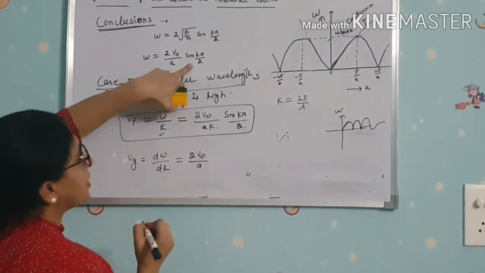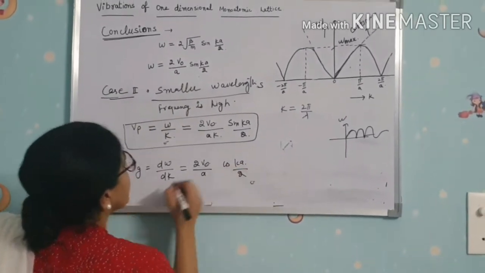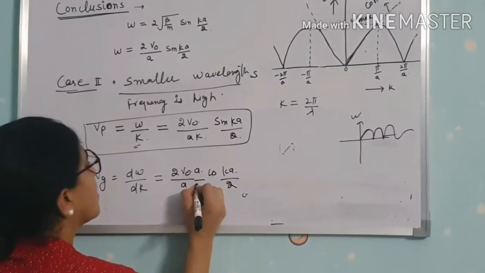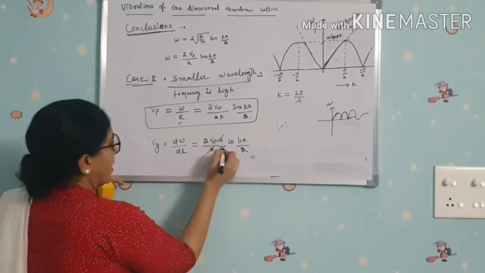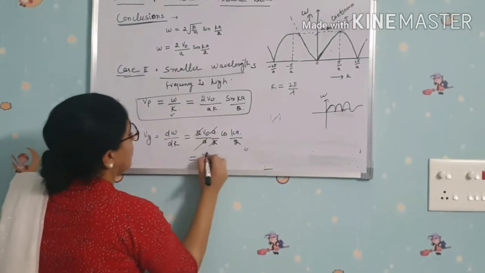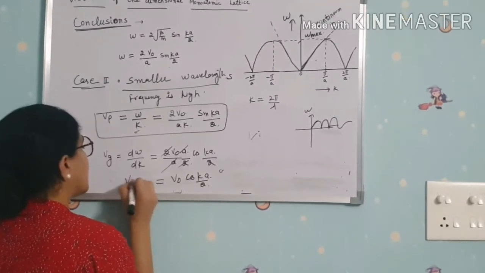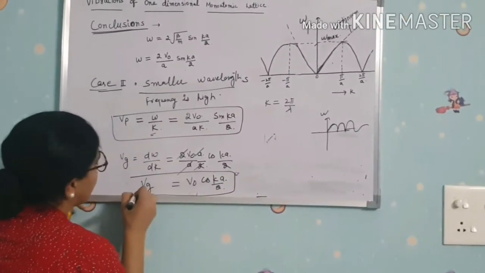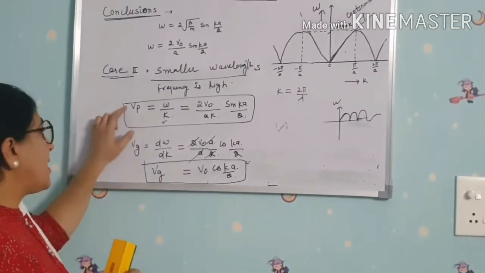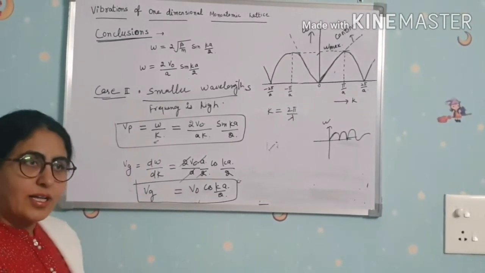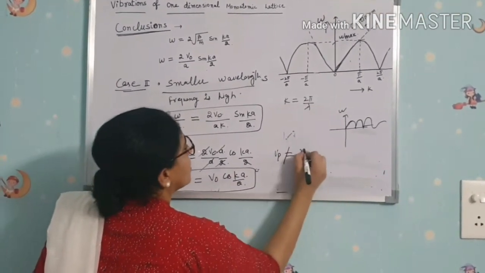The derivative of sine is cos of k by 2, and it multiplies by a by 2. So a goes with a, 2 goes with 2. So V naught cos of k by 2. This is Vg, and this is Vp. Vp and Vg are not equal. They have different values.